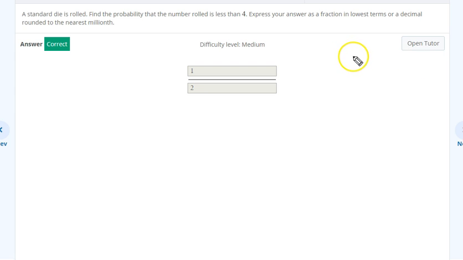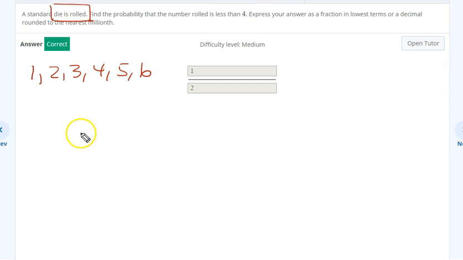Now in this next example, we're looking at a standard die. Remember, this has 6 sides, and the sample space is 1, 2, 3, 4, 5, 6. Now, find the probability that the number rolled is less than 4.